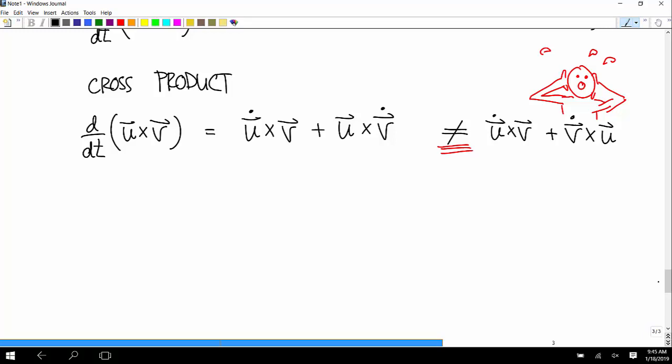And then the last thing is the chain rule. So chain rule with vectors.